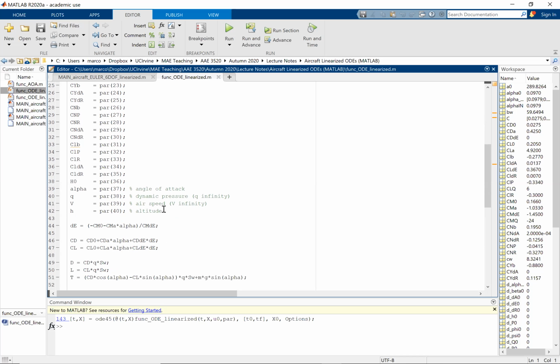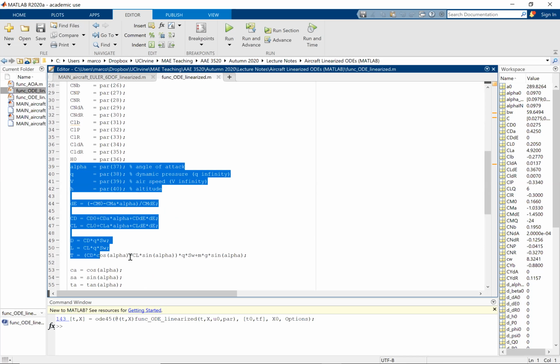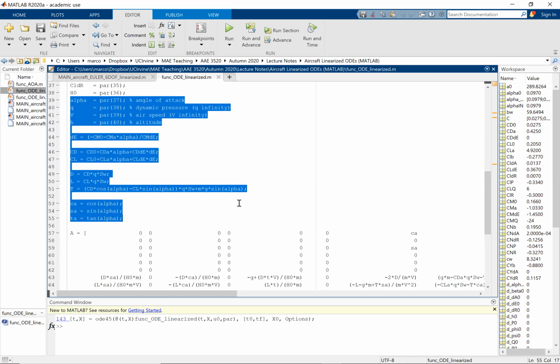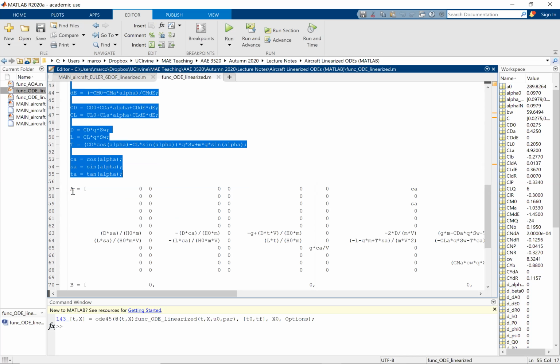Now, in this function, I'm simply going to use alpha, q, v, h, de, cd, cl, even though all these values over here refer to the trim condition. So these are trim conditions that I'm going to feed into our A and B matrices.